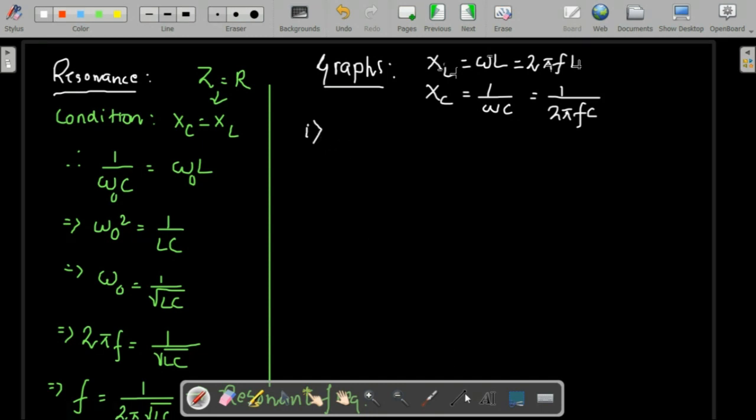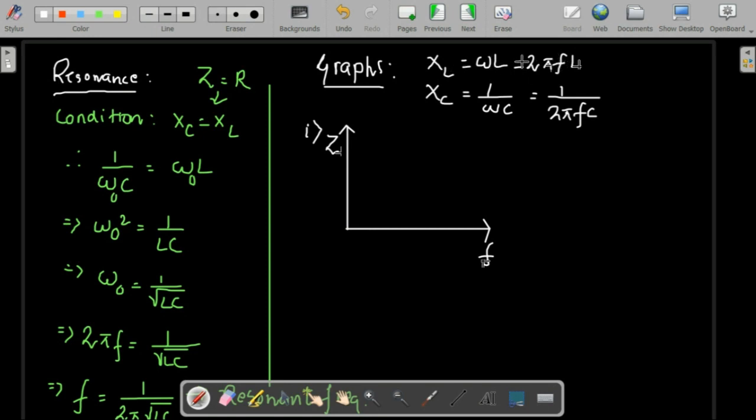Let's plot a graph between the resistance and the frequency. Let me not call it resistance, let me call it impedance and frequency. Now if you check here, for XL, frequency and XL are directly proportional to each other.